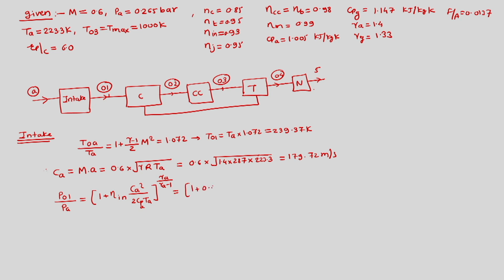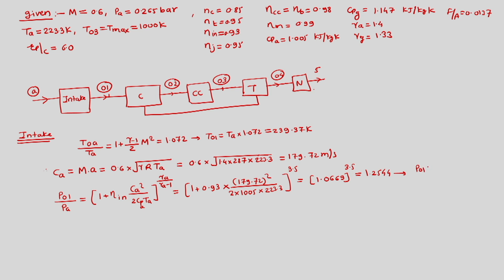So it is 1 plus 0.93 into 179.72 square divided by 2 into 1005 into 223.3, raised to gamma A upon gamma minus 1 for air, which is 3.5, and this gives us 1.0669 bracket raised to 3.5, and hence it is 1.2544.